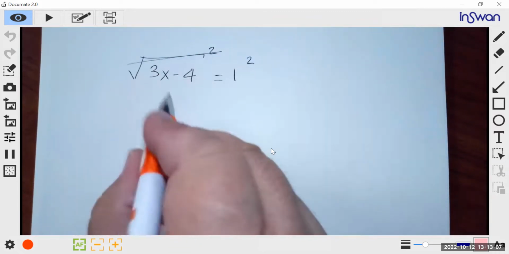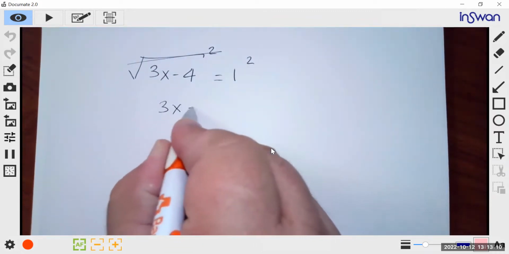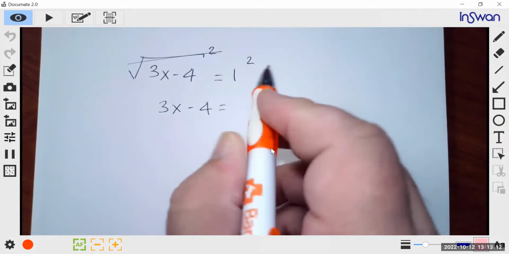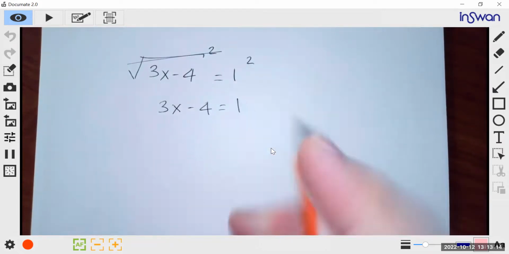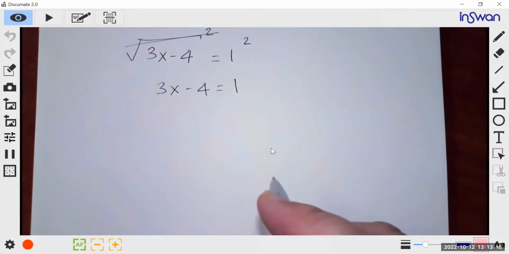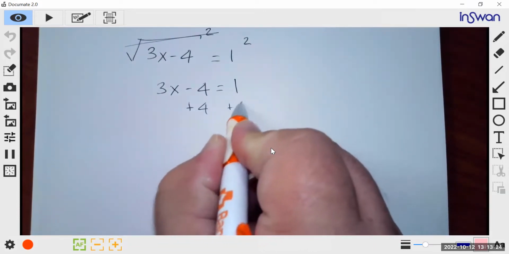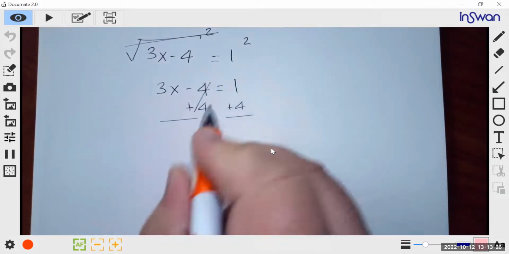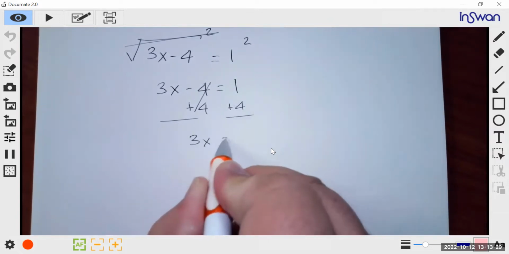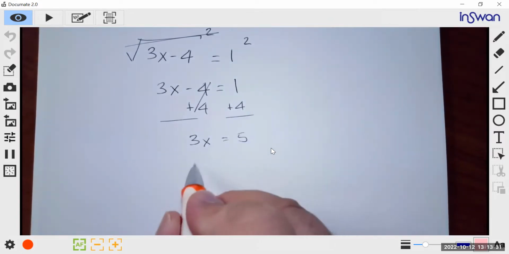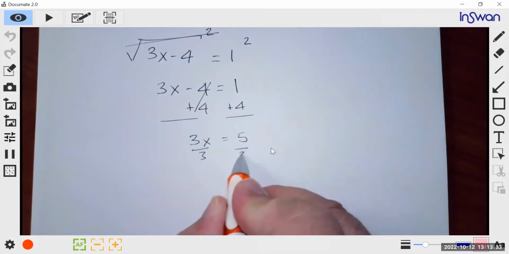The square root and the square cancel. 1 squared is 1. Add 4 to both sides. And divide by 3.